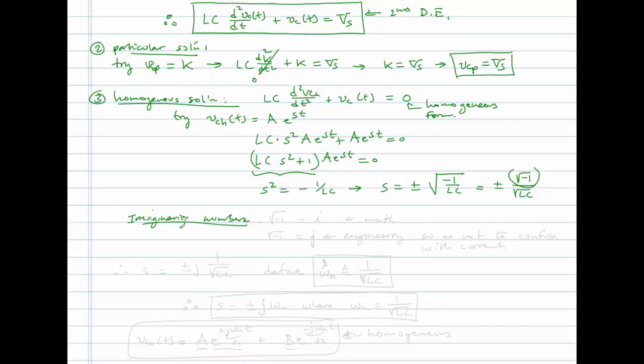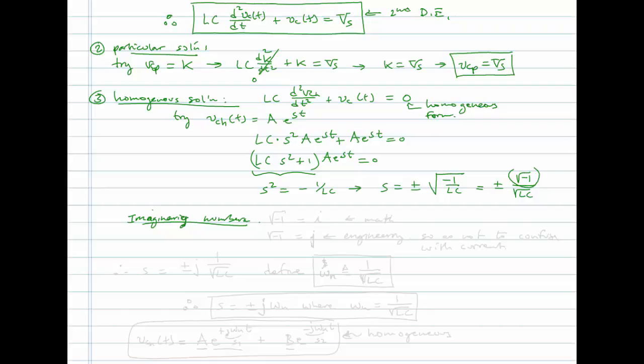Alright, if you are not comfortable with complex numbers, I would encourage you to pause at this point and look at some review on complex numbers and then return, because I'm not going to cover it in this lecture here. I will just assume your knowledge of it.